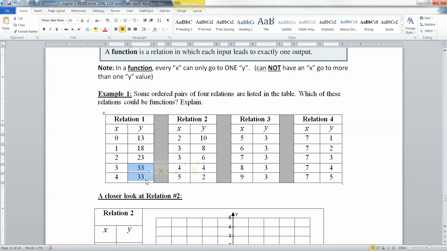Now you might notice down here 33 happens twice. That's okay. You can have a repeat in your y. That's totally cool, right? So you can say, okay, 3 went to 33 and 4 went to 33. Let's say this is pizza with ham and this is pizza with bacon. Both ways come out warm, mushy pizza, right? So that's okay.